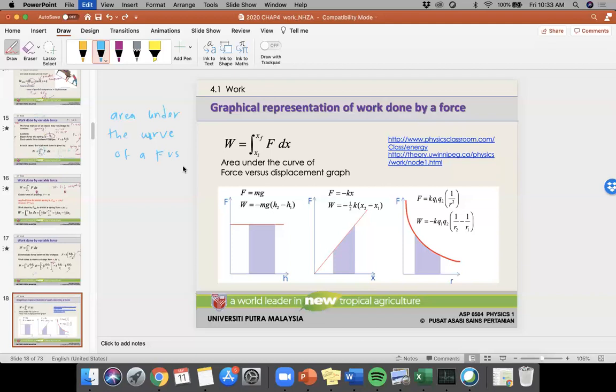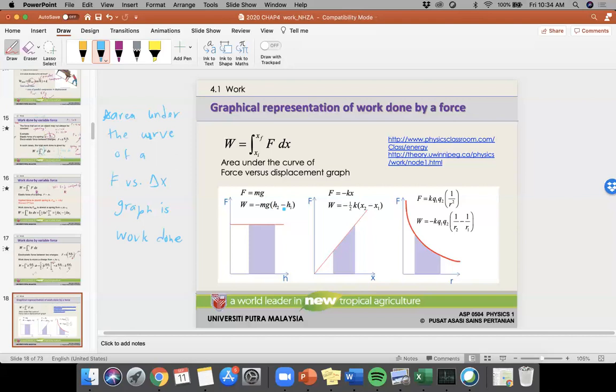Displacement, straight away. The area under an F versus displacement graph is work done. Just want to make life difficult, right? Want to use a graph, never mind. So area under the curve of a force versus displacement graph is work done.